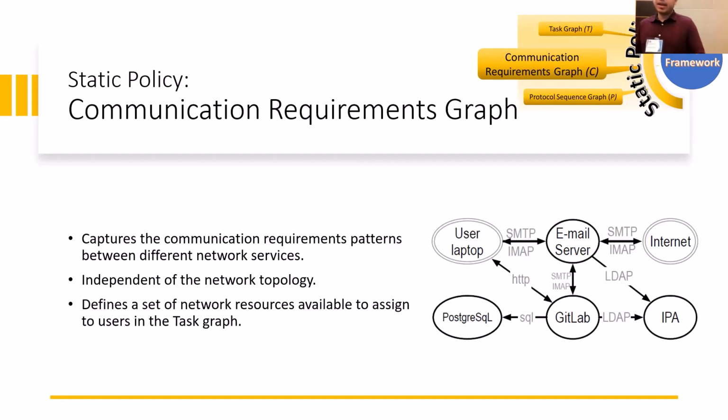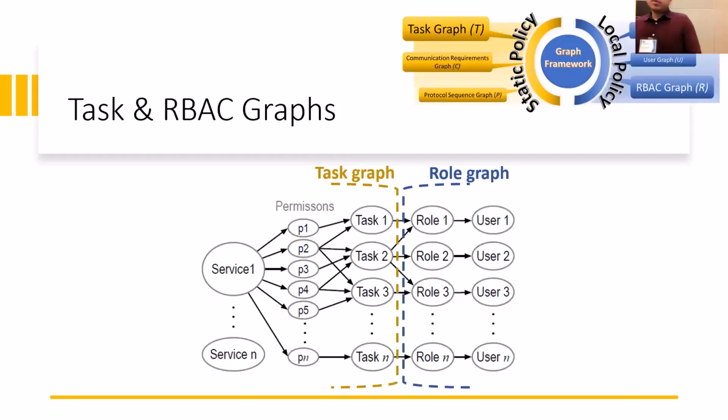In this figure, the nodes fall into two categories. We have the classes of objects like user laptops and the internet, and we also have specific instances, let's say servers such as the email server. So here what we see is a combination of task-based access control and role-based access control.